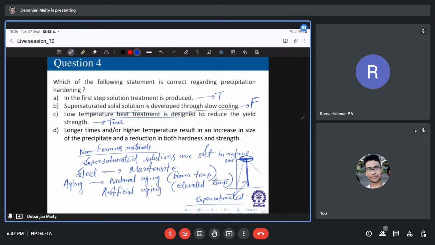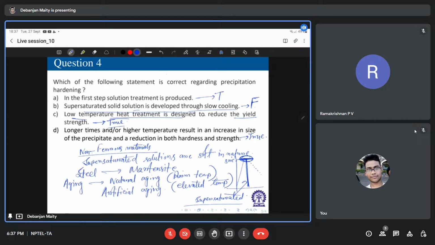If you are doing some kind of tempering or low temperature heat treatment, you are enhancing the ductility by compensating your strength property. And then it says longer times or higher temperature result in an increase in size of the precipitate and a reduction in both hardness and strength. This is also true.